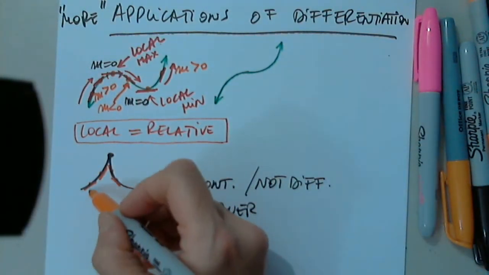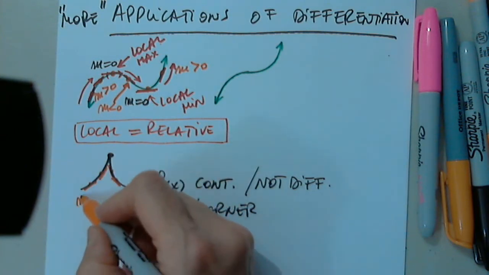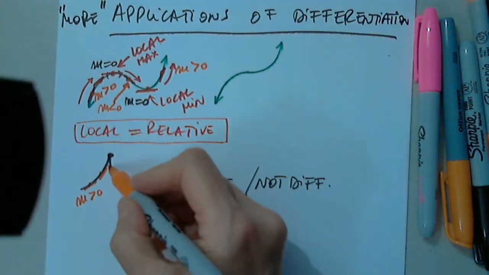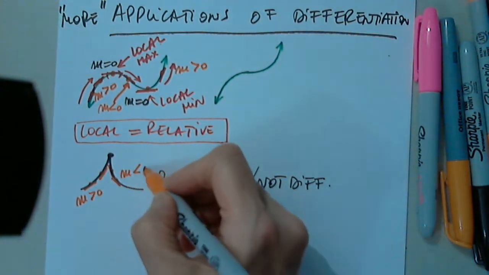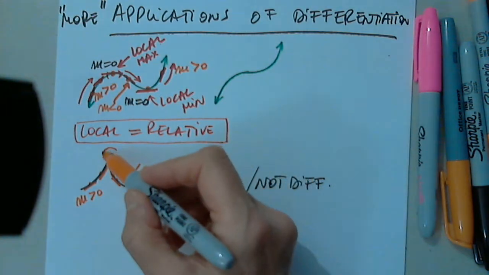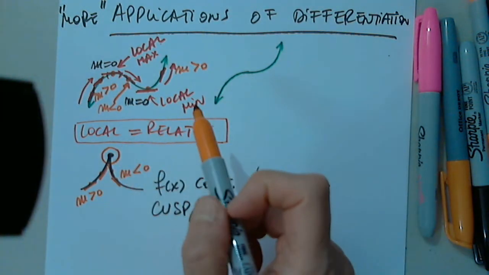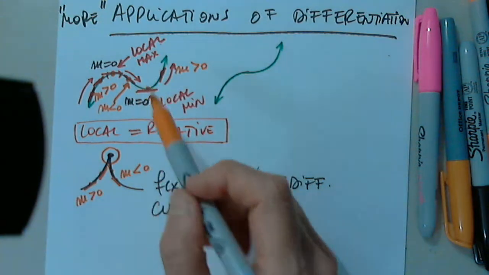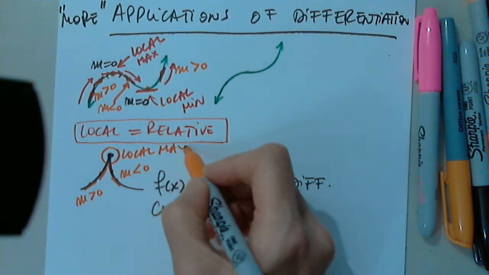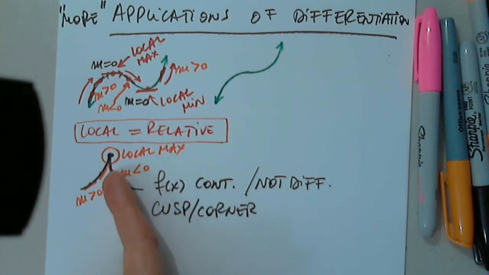So can I say that the slope here is positive? Yeah. Can I say that here the slope is negative? Yep. Well, it happens that this is also a local max or relative max. The function is continuous there. It exists. It's not differentiable, but it has a local max.